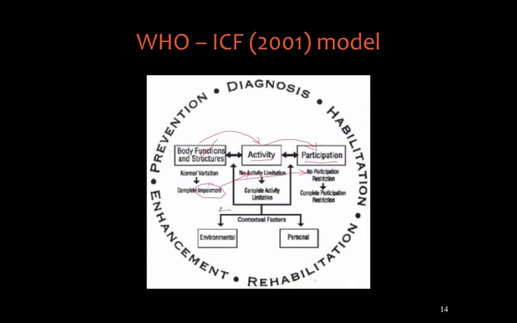Underlying all of this are environmental factors as well as personal factors in the individual. So if nothing else, even in this very simplistic model, you can see that there are many factors that are going to determine whether or not a person is going to have negative outcomes. And again, the basic negative outcomes that we would consider would be when impairment imposes limitations on the activities an individual can do and restricts the sorts of life participation things that they can do.